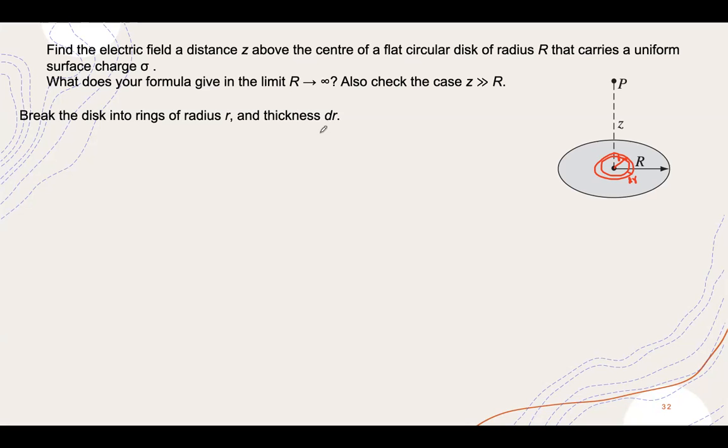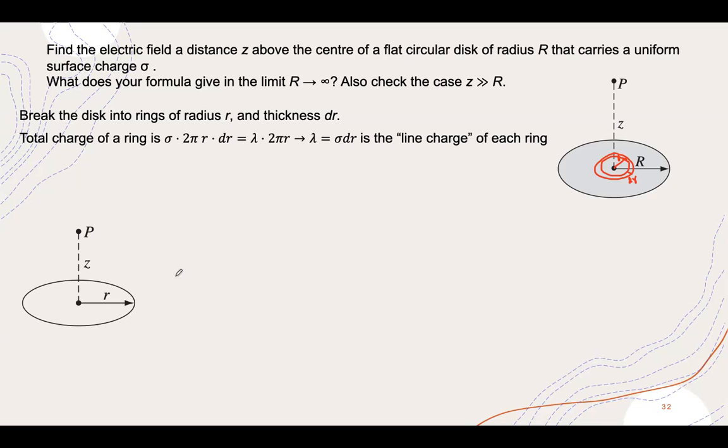So what we did, we broke the disk into rings of radius r with thickness dr, as I had shown here, which we already calculated in a previous slide.